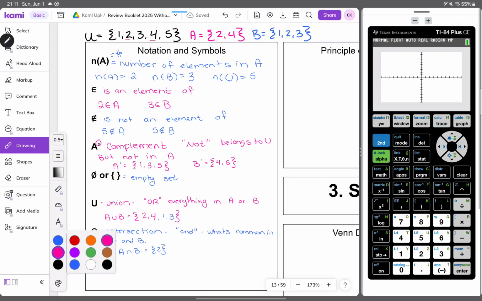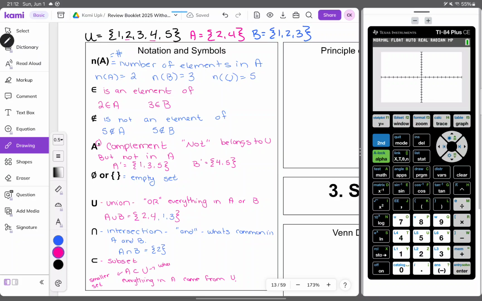And this last symbol here, this is subset. So if I say that A is a subset of the universe, it means everything in A came from U. So this is always the smaller set or the exact same size.